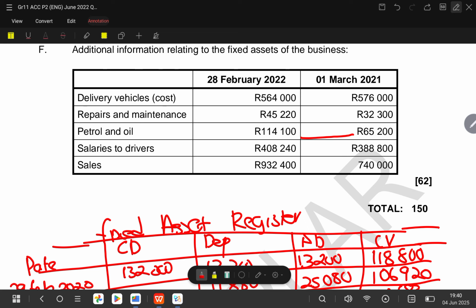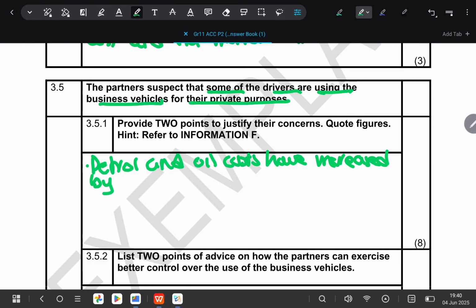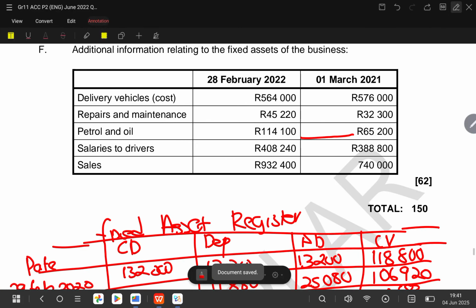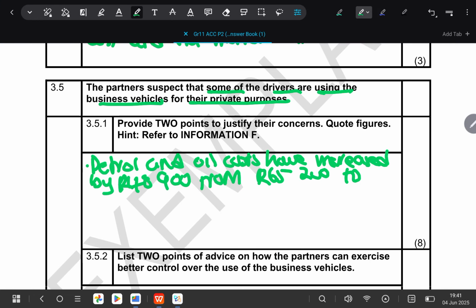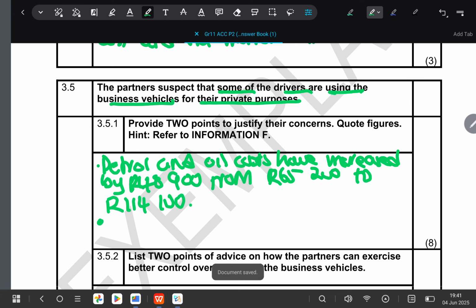They have increased by 48,900 from 65,200 to 114,100, then full stop. And then second point, you can look at another thing.